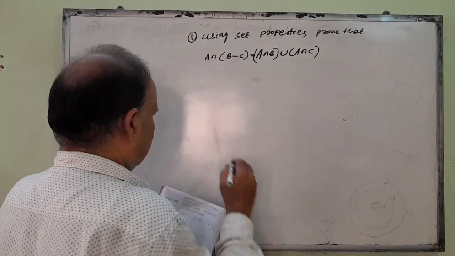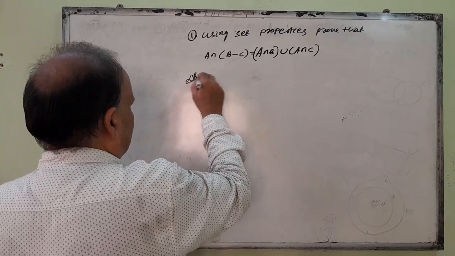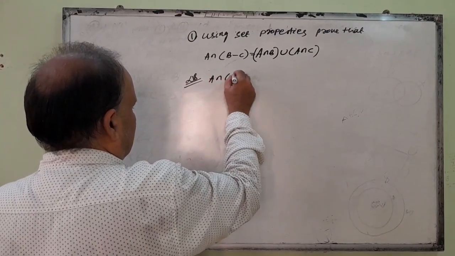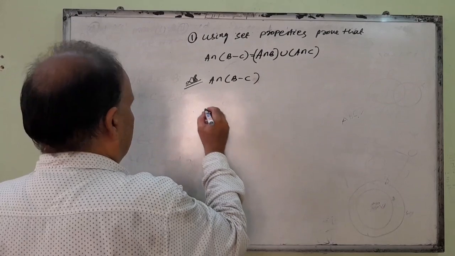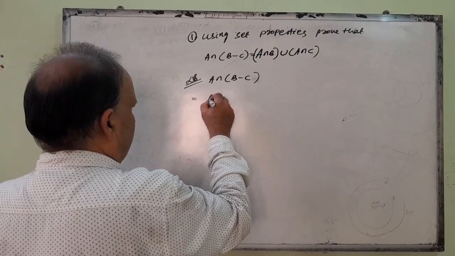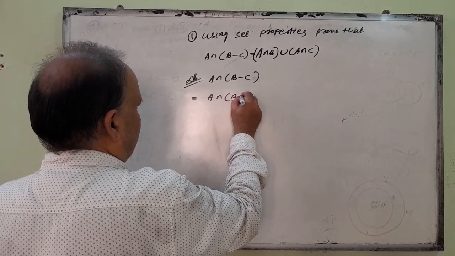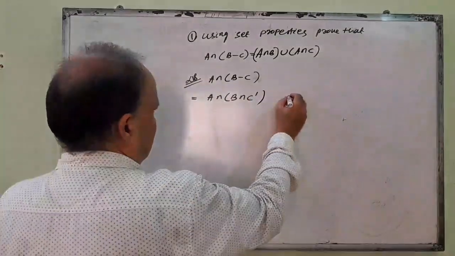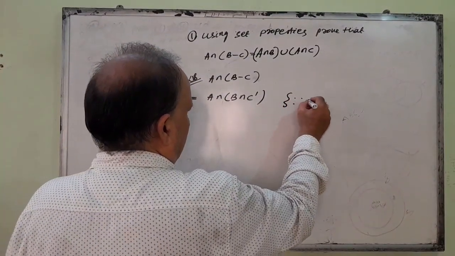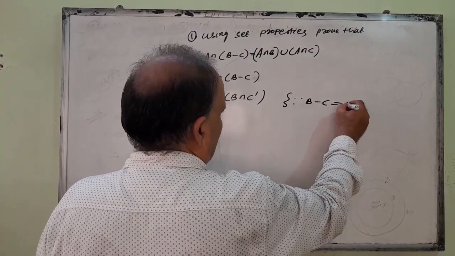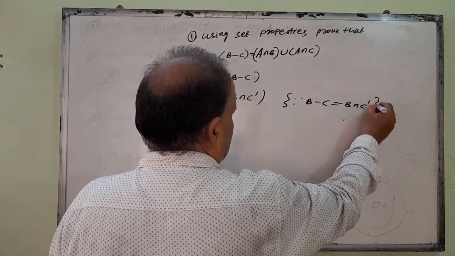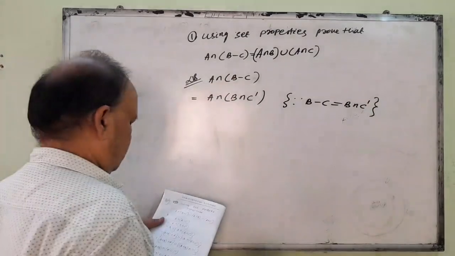LHS: A intersection (B minus C) is equal to A intersection B intersection C dash, because you know B minus C is equal to B intersection C dash. This is one of the set properties.